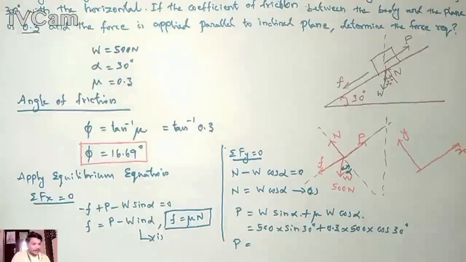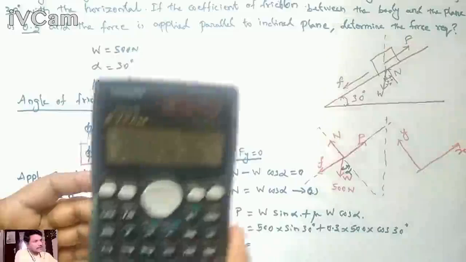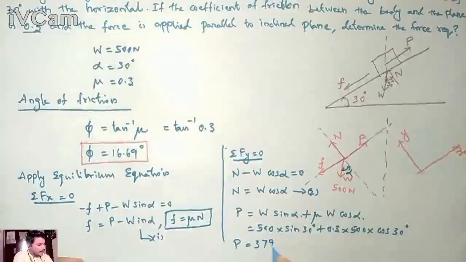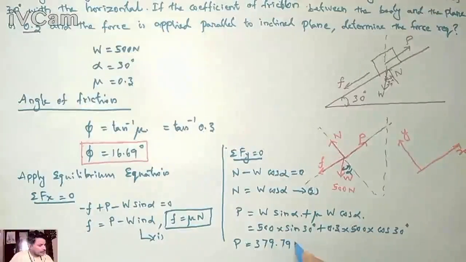I got the value of 379.90 Newton. I calculated, the value is 379.79 Newton. So P equal to 379.79 Newton. So this is my final value.